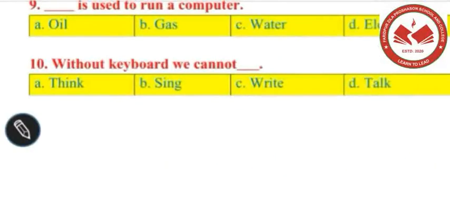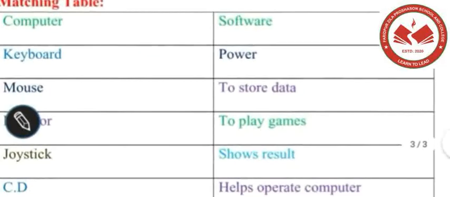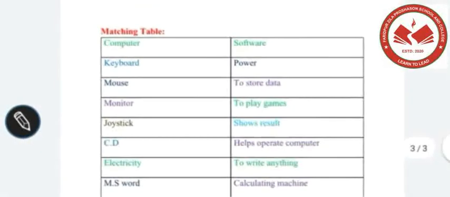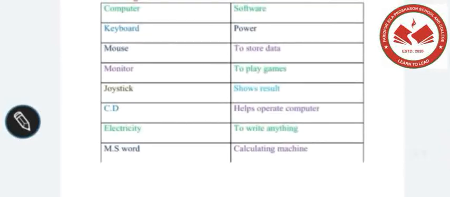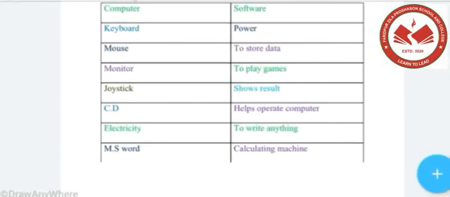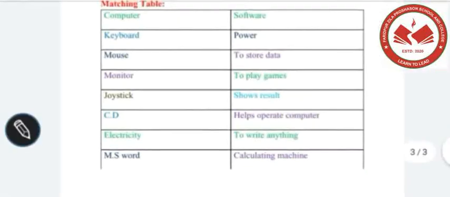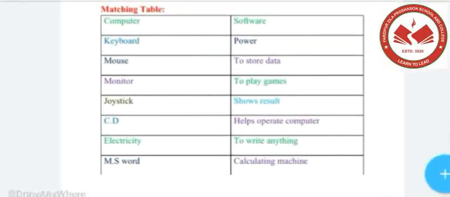Now let's try to answer some questions in the section of matching table. We can draw some lines to match both parts in this section. So we can do it right now. Matching table.